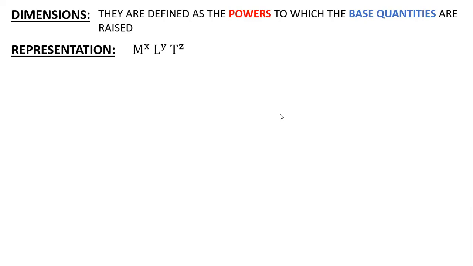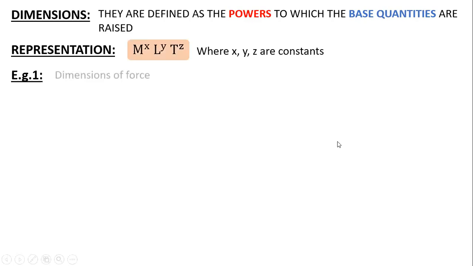So if I go for an example, if I want to find the dimensions of force, first just try to write the formula for it. Once you know the formula, then you can write the unit for it. And once you write the unit for it, it is easy to represent in its dimensions form.